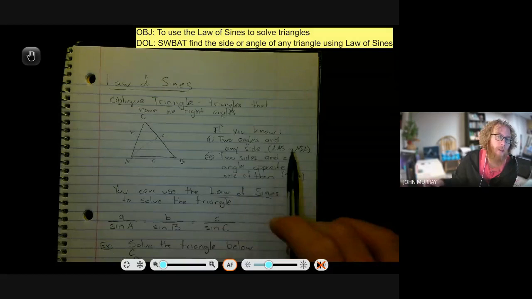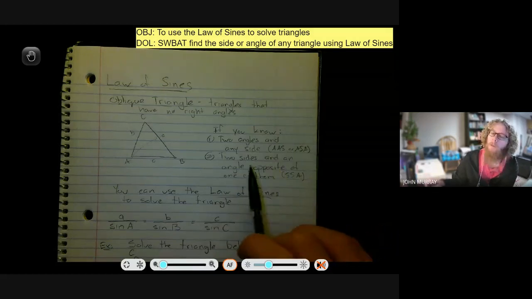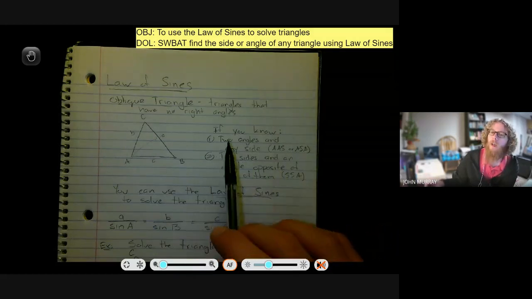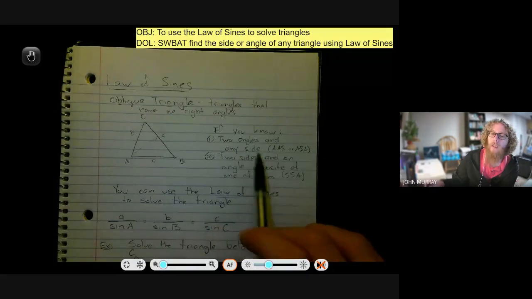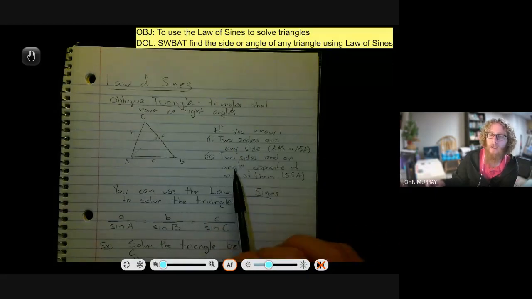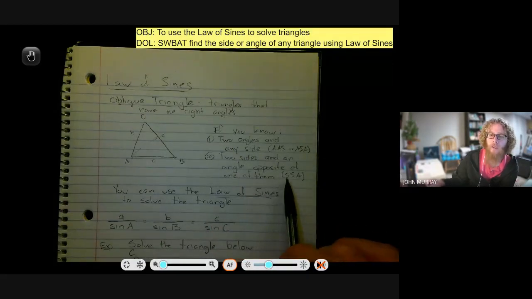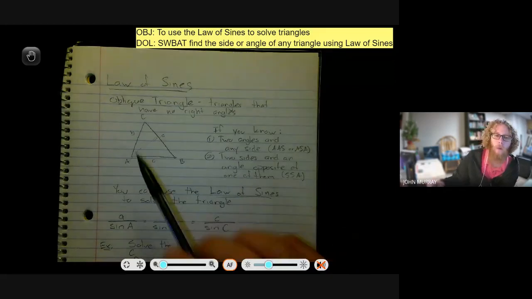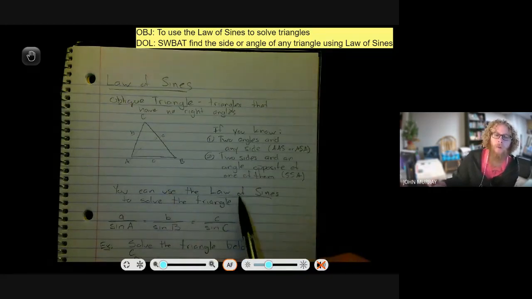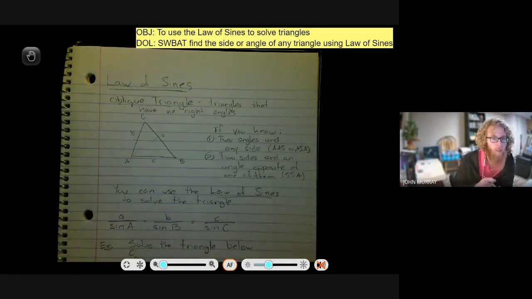This is just different ways to classify the information that's given to us. So if we're given two angles and any side, or two sides and an angle that's opposite, so side, side, angle, then we can use what's called the law of sines to solve the triangle, which again means to find any and all missing pieces of the triangle.